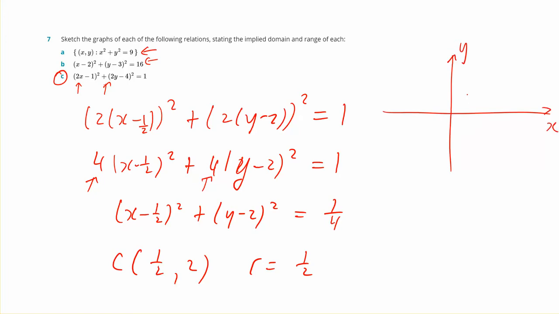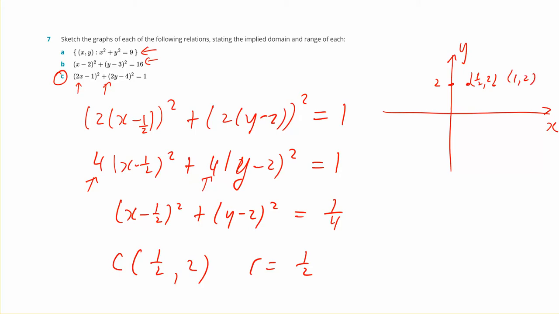So I'm going to draw the graph. I'm going to put my (a half, 2) here. If I go a half this way, then we're at 1, 2. If I go a half the other way, there'll be 0, 2.